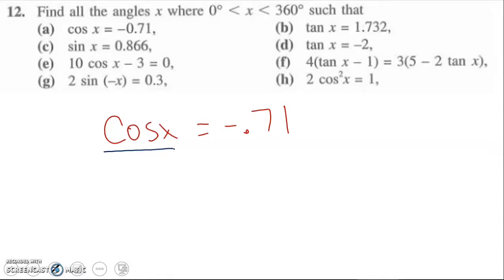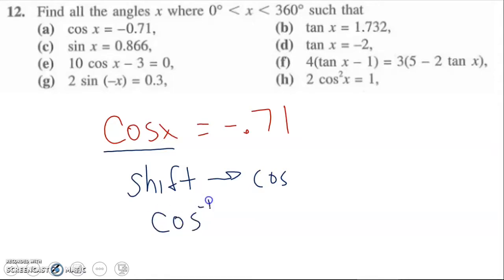You want to click Shift, and then you want to go to cosine, and something like this will pop up on your calculator. Within those parentheses, you want to put exactly what your ratio is, and you will end up getting 135.2, and that's in degrees.